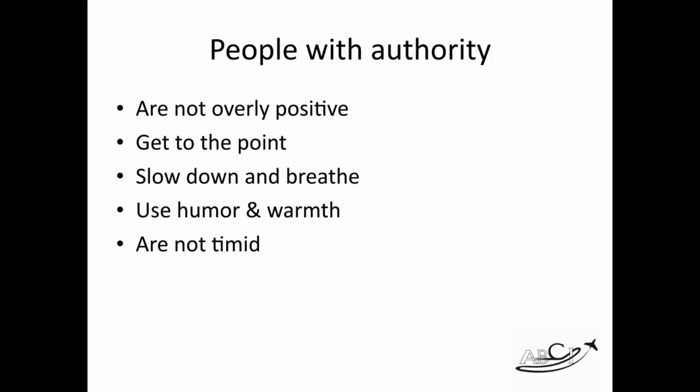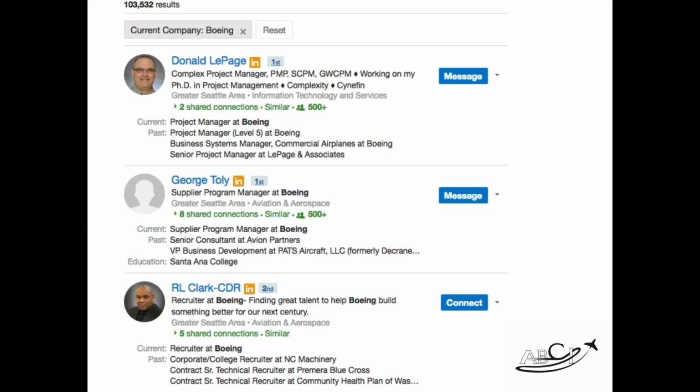Right. Okay. So here's a LinkedIn search of Boeing employees, and of these, I can get a general idea of how much authority these folks have, simply because of where they work, what their job title is, what kinds of things they talk about, and who their connections are. So there's a lot that I can discover from a LinkedIn profile.